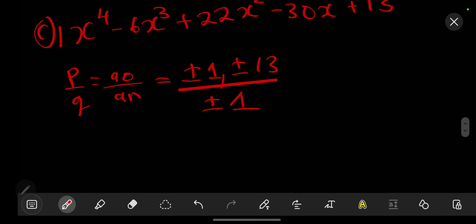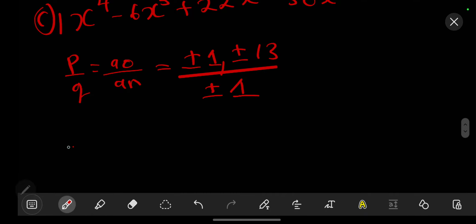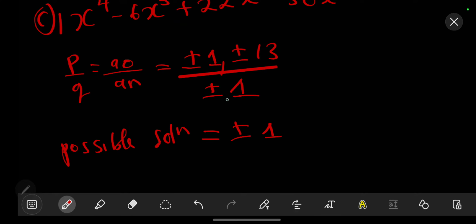So the possible roots, or rather the possible solutions, will be such that we are going to have just a plus or minus 1. Whether you divide it by 1, it's still plus or minus 1, or plus or minus 13. So let's try whether a plus 1 is working.